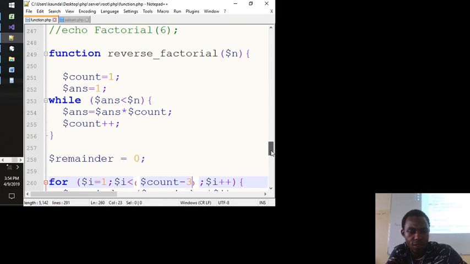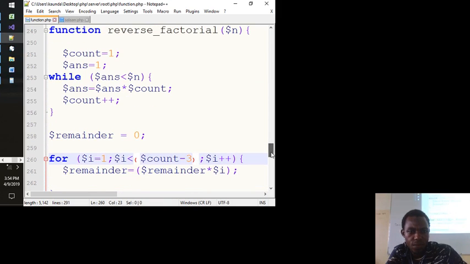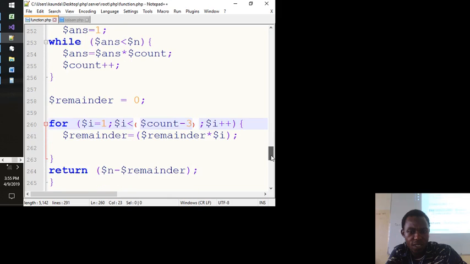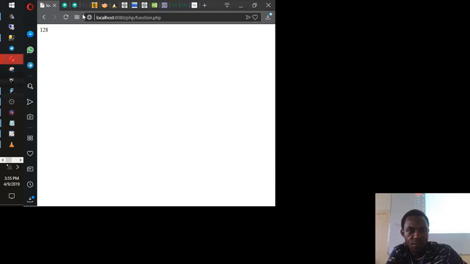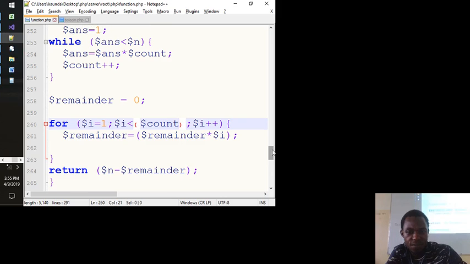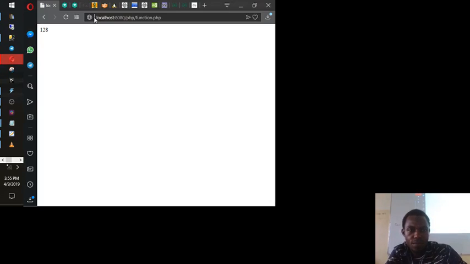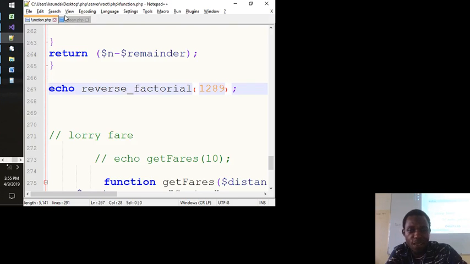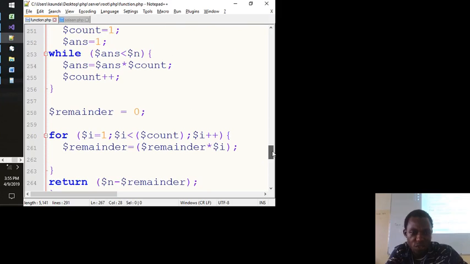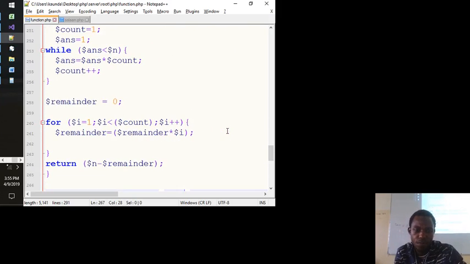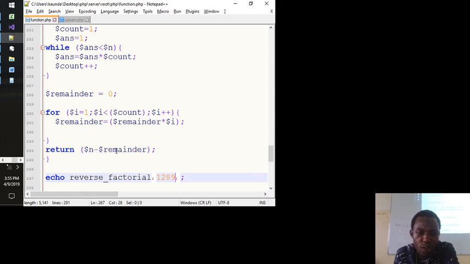This is count. So it's producing the same thing. It's not serious. No, the remainder is supposed to change here. This is supposed to change the value of the remainder.